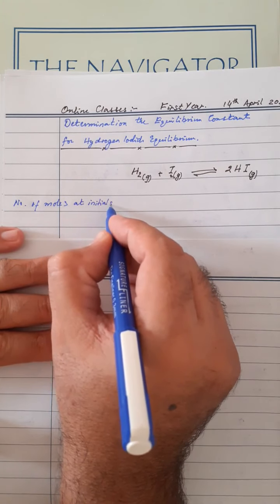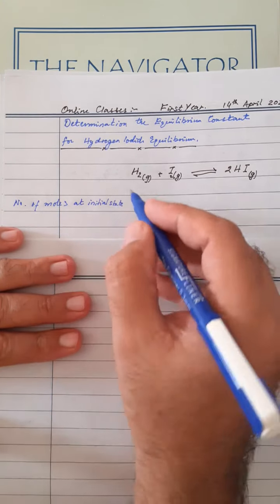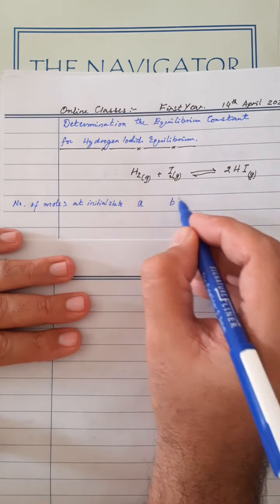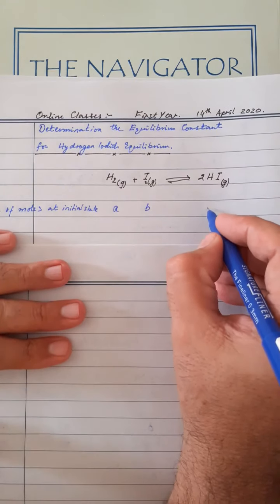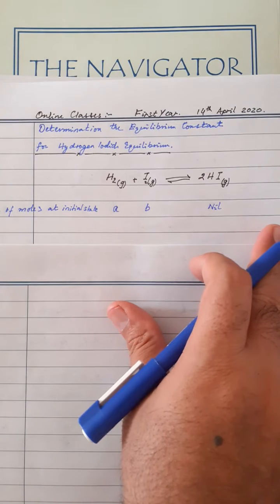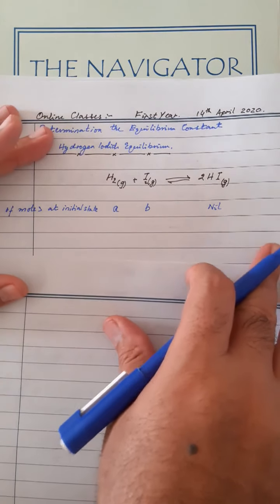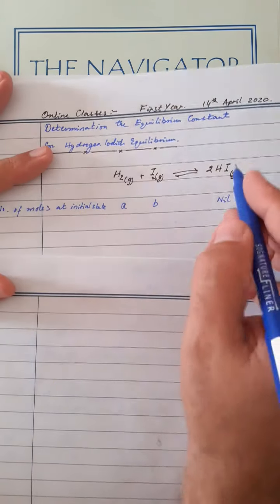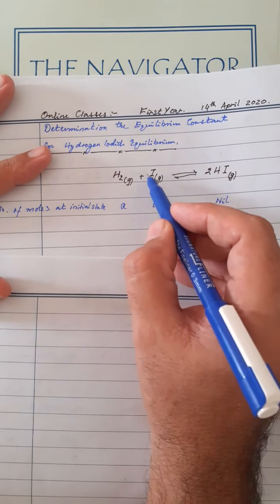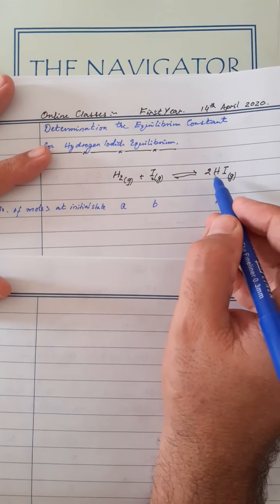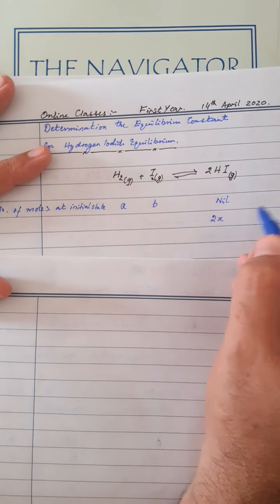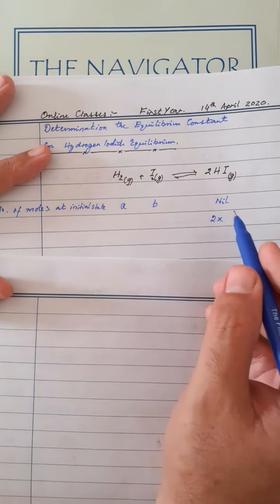You take a known quantity of hydrogen and a known quantity of iodine, and in the beginning there is no hydrogen iodide. Since 1 mole of hydrogen with 1 mole of iodine gives 2 moles of hydrogen iodide, once equilibrium is established you will have, let us say, 2x moles of hydrogen iodide.